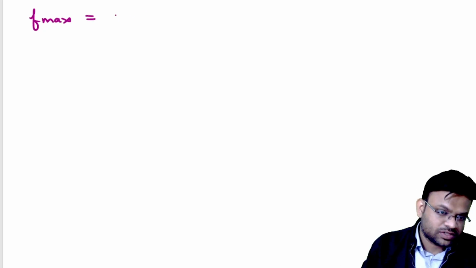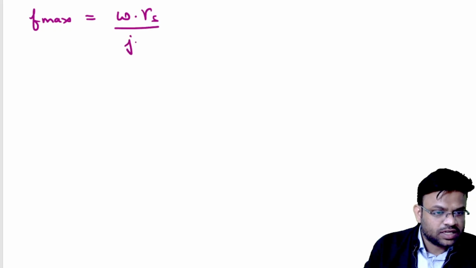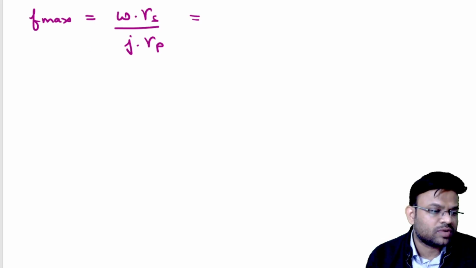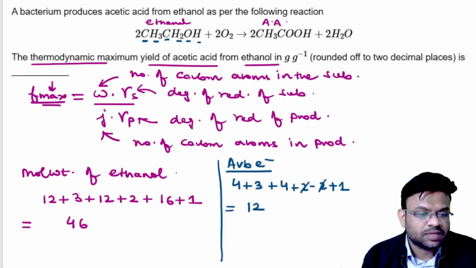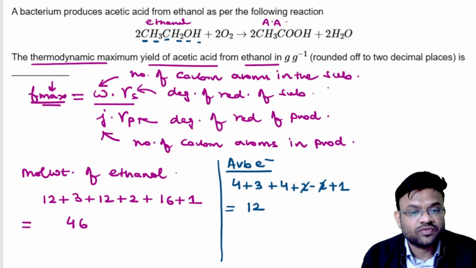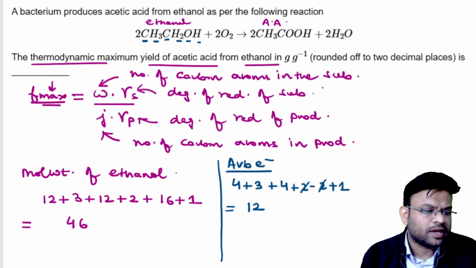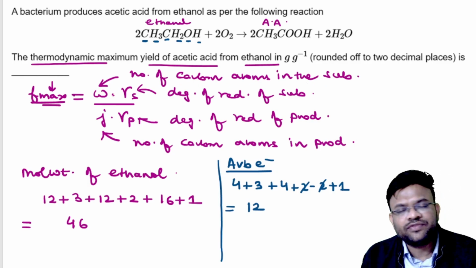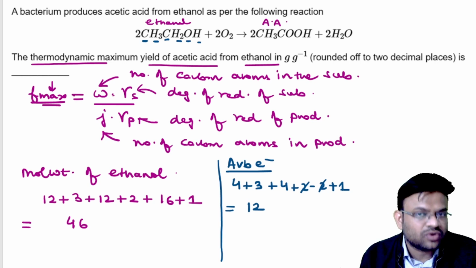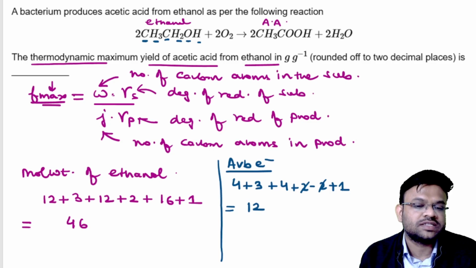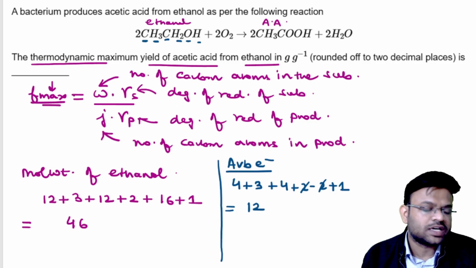F max is equal to omega into gamma S upon J into gamma P. Basically I have already written that omega is the number of carbon atoms in the substrate, and J is the number of carbon atoms in the product. You can give notations; in different books there are different notations that are given. For me, omega is the number of carbon atoms in the substrate, and J is the number of carbon atoms in the product. So that is what I am using.